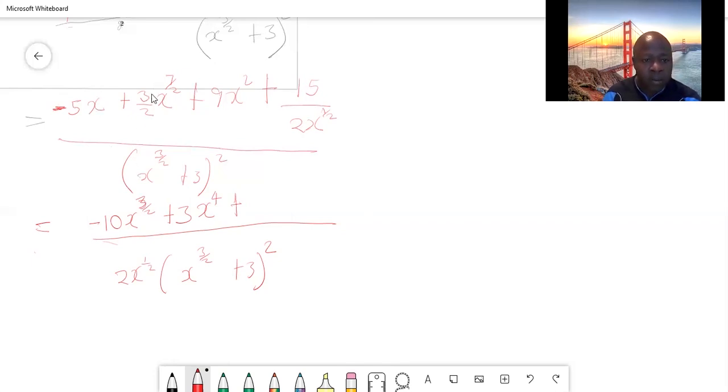We are also done with this. So we are here. And this is 18 x raised to 5 over 2. And then plus 15. I'll leave it at this point. This will be the answer, the most simplified answer.